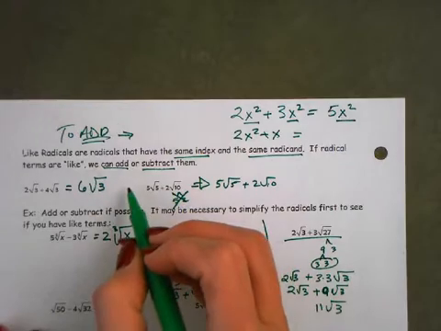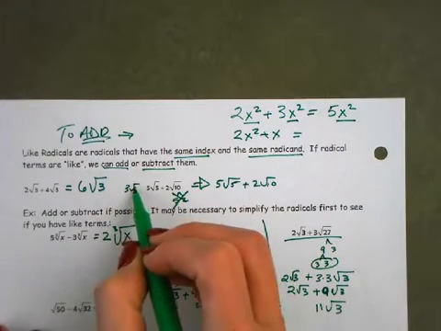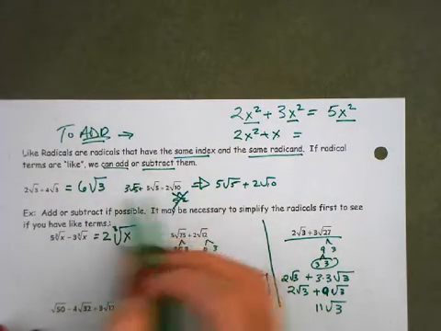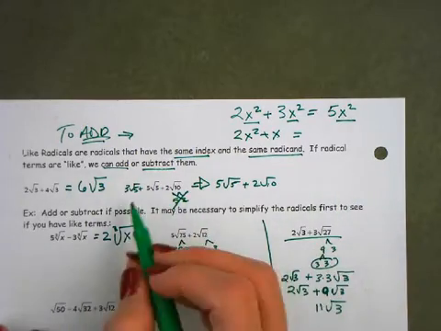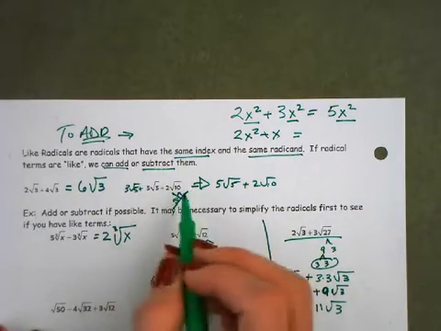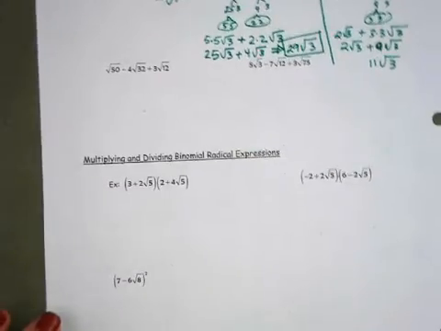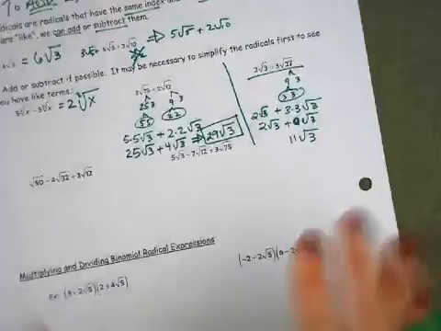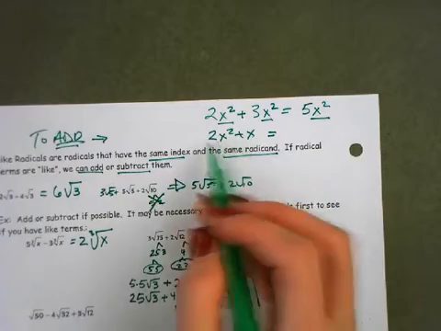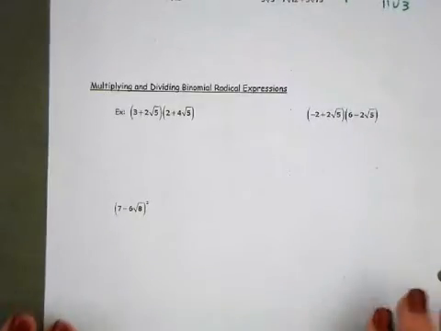Let's say I had a 3 square roots of 5. I would combine these 2 and not that one. And so my answer would be 8 square roots of 5 plus 2 square roots of 10. So you only combine what you can combine, and the other ones are just like the 2x squared plus x. They just become separate terms. Like that. Okay? Alright, good.